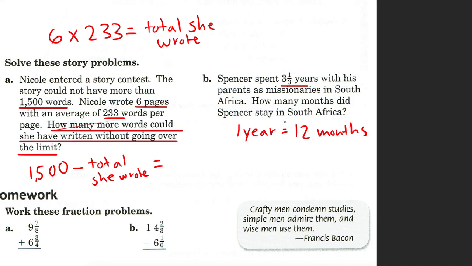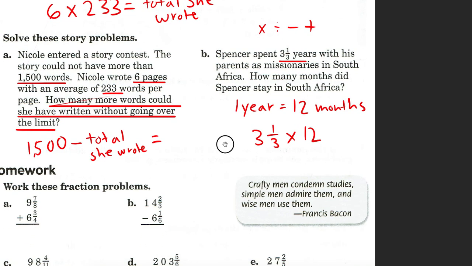So how would you figure out how many months 3 1/3 years is? Is this multiplying, dividing, adding, or subtracting? It's a multiplication problem. So you would do 3 1/3 times 12, and that will tell you how many months Spencer stayed in South Africa.